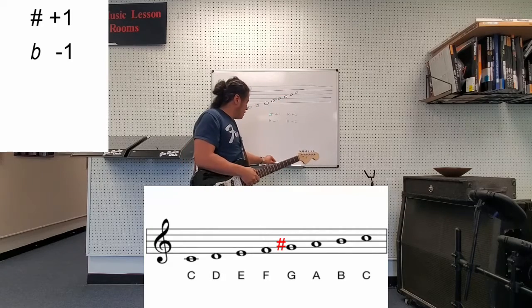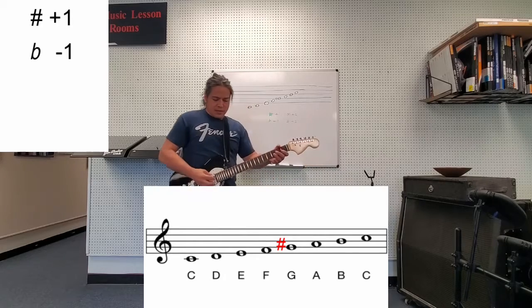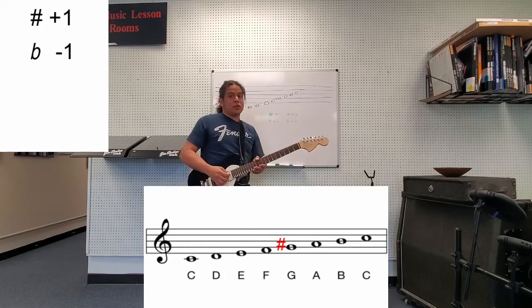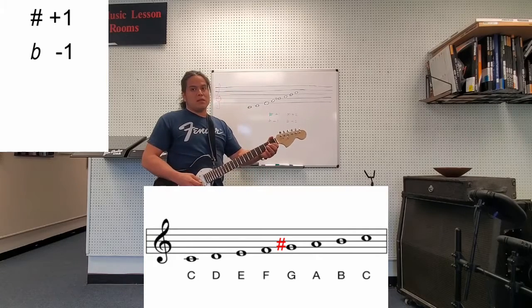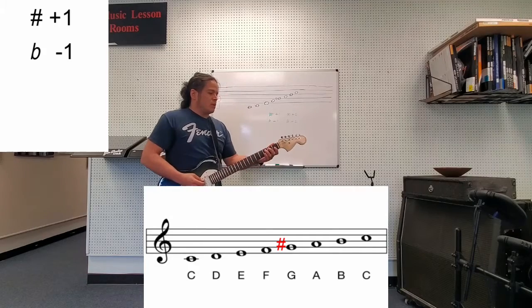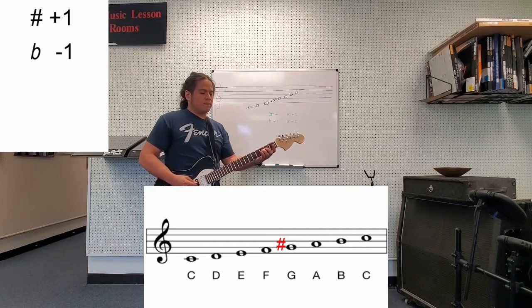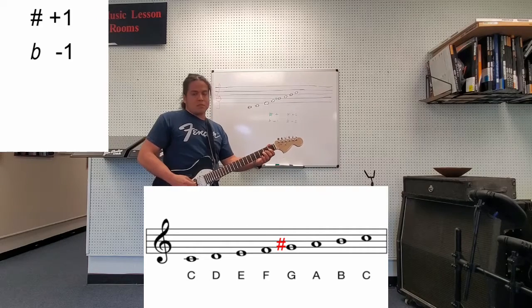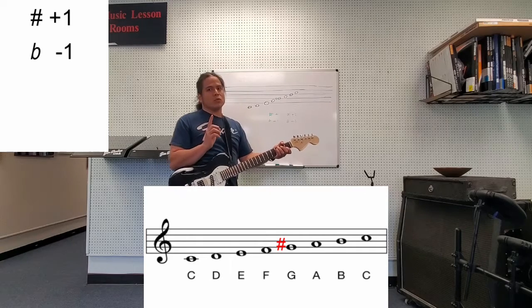So now our scale is going to look the same, except that the note that normally was an open third string is now going to be first fret on the third string. 0 + 1 is 1, right? So if we play the scale as written now, it's going to sound like this. So I just raised the note.